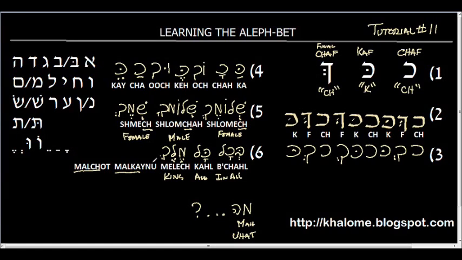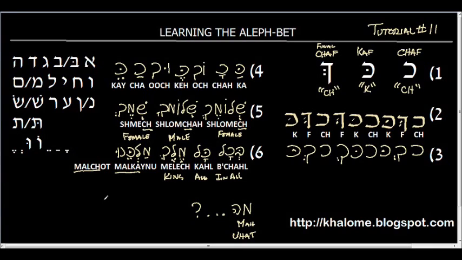The root word will stay the same, but the vowel markers will change. So we could write out our consonants: I'm going to use a patah, silent shva, then the nun, and then the u vowel mark, and that is malkenu. Actually, that's going to get a dagesh in the middle as well.